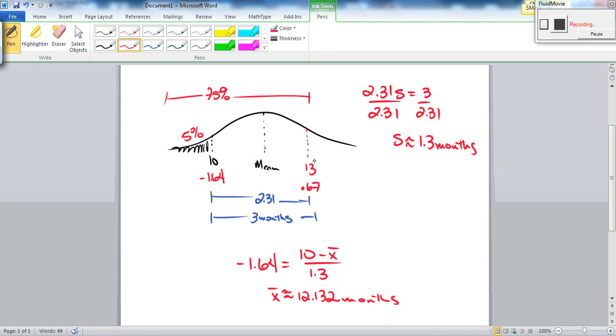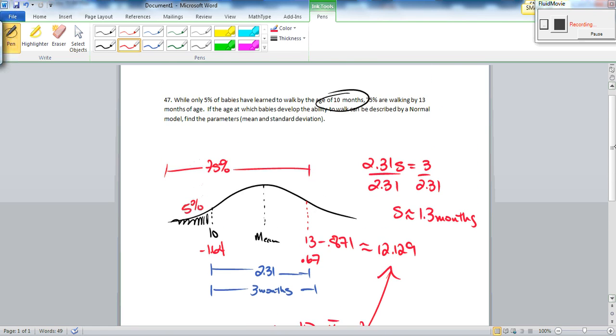So if we come back here and say 13 minus 0.871, because we're 2/3 of a standard deviation above the mean, so to get to the mean we subtract this value, we get approximately 12.129. The only reason these are slightly different is because of a rounding error. So that's another way of doing it.